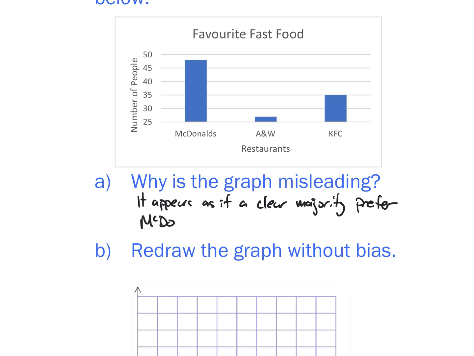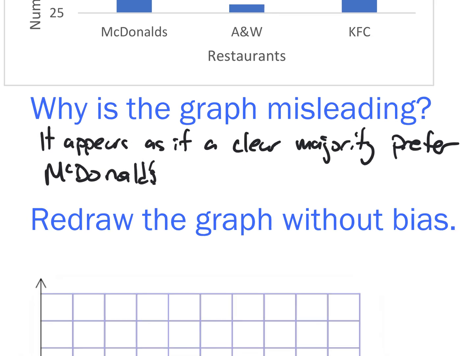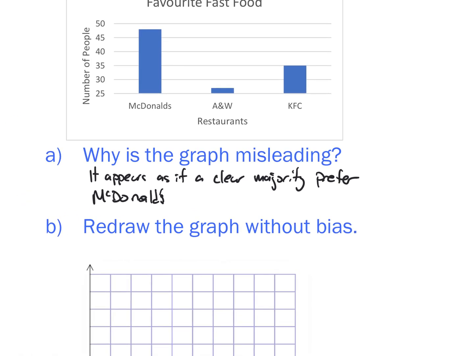And just so we're clear here, I'm not saying that McDonald's isn't the most popular restaurant in the survey. It is. It's got the highest bar, so of course it is. But what the graph makes it look like is a runaway winner, when in fact it's a lot closer than that. If you're not sure, redraw the graph without the bias, okay?